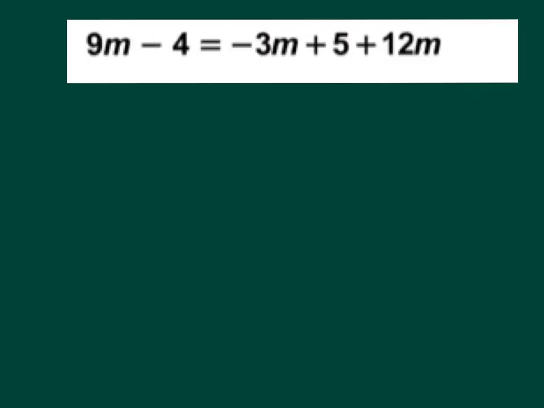All right, let's take a look at this one. I'm going to separate my equation with the equal sign. I don't have any parentheses, meaning I don't have any distributive. Again, always get rid of parentheses first. But I can combine like terms. So I have my negative 3m and my 12m. I'm going to combine those two. When I combine those, I get 9m.